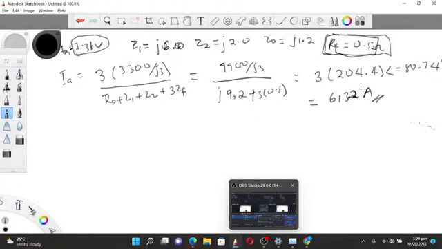So this is the fault current magnitude. I wrote it this way so that we get the current that is flowing. We should know that when we have a single line to ground fault, there's only one symmetrical component current flowing.